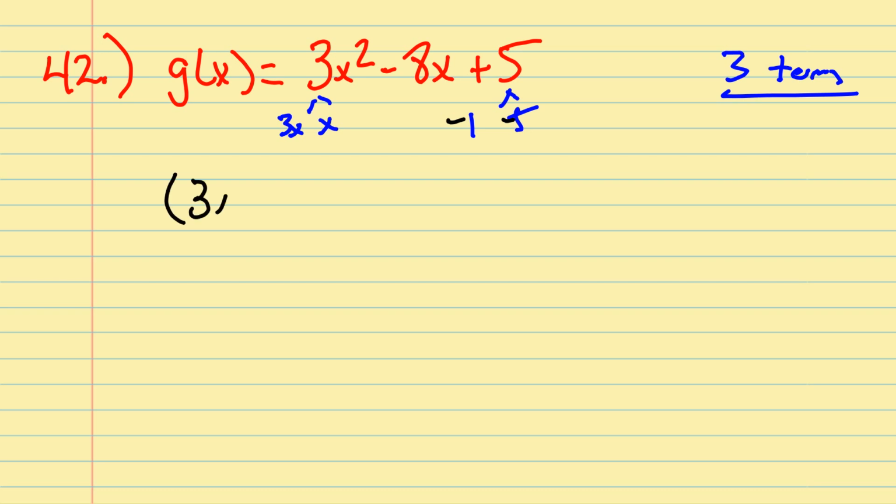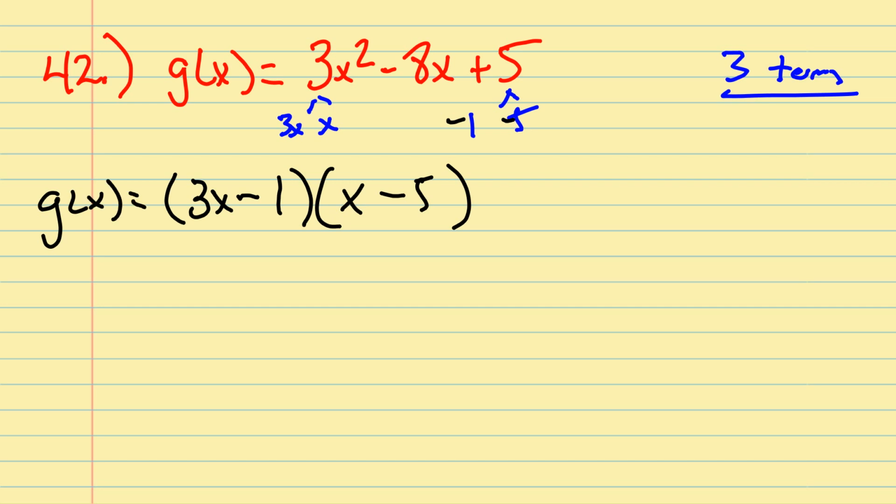So I'm going to try 3x minus 1, x minus 5. I check the outside. I get minus 15x. The inside I get minus x. I know that's going to be minus 16x. It's not what I want.